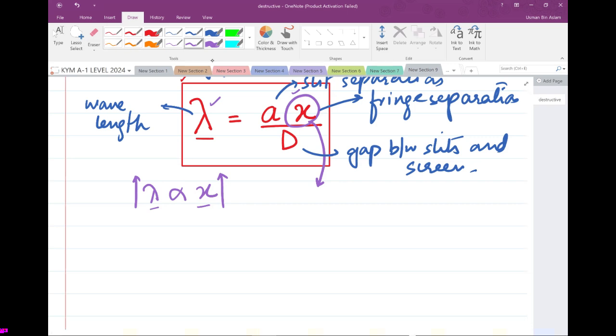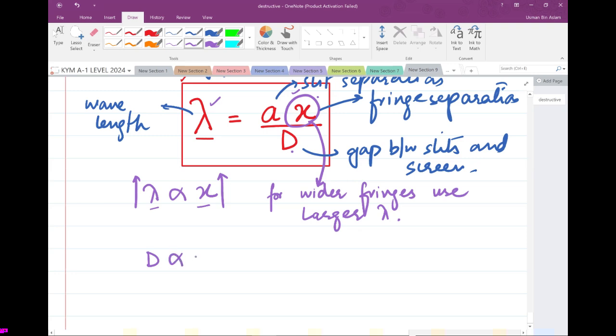That way, lambda and x are directly proportional to each other. So for wider fringes, use larger wavelengths, lambda. The next relationship that we can make is going to be between x and D. D is directly proportional to x.